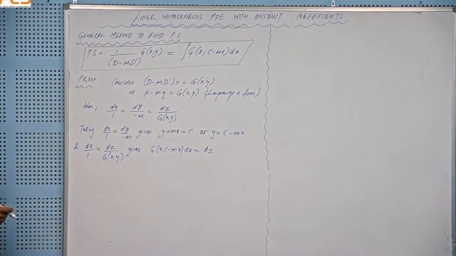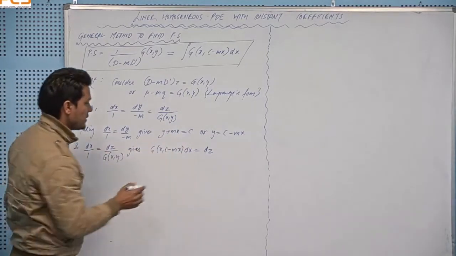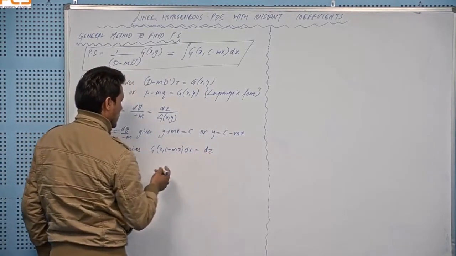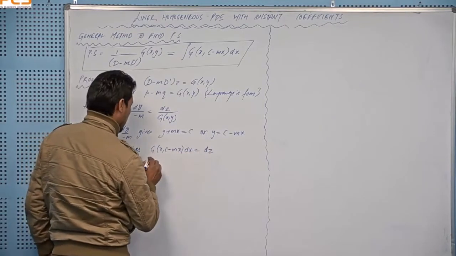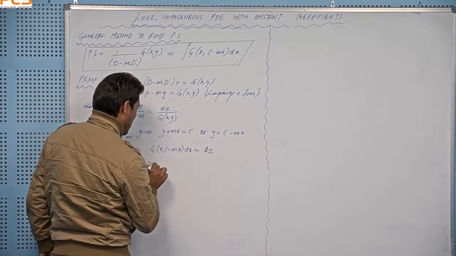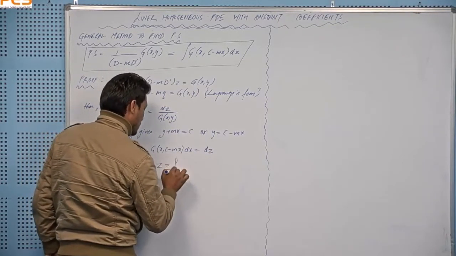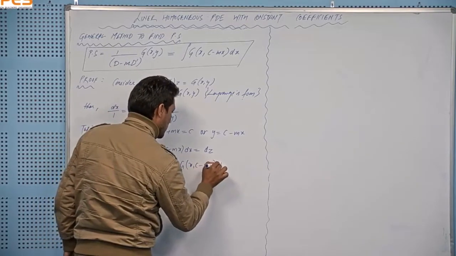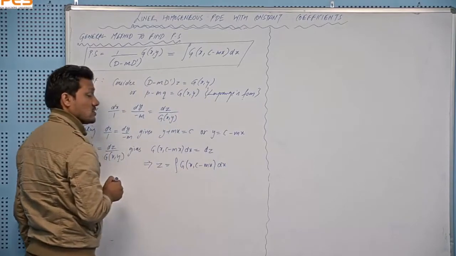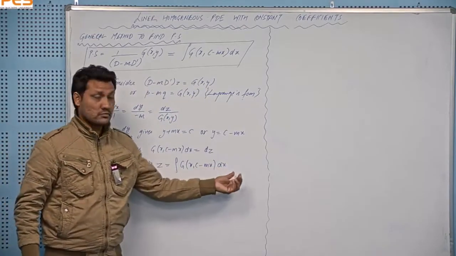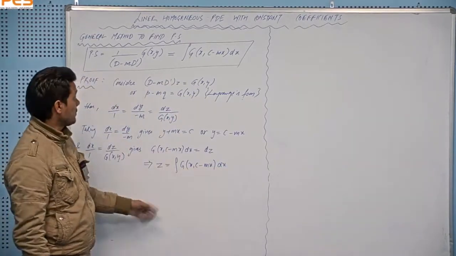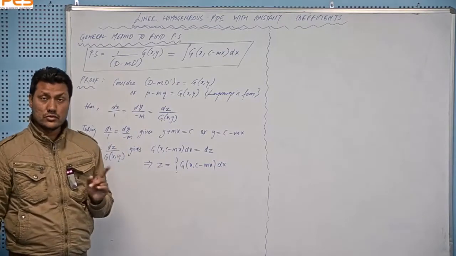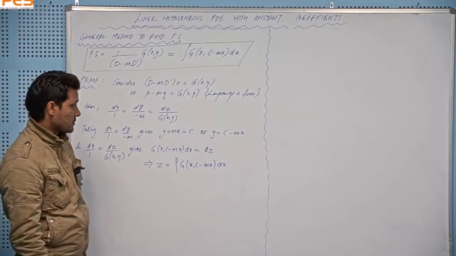This will be obtained, and then putting integration on both sides. If I apply integration on both sides, then integration of dz will be z, and integration of this will be g(x, c minus mx) dx, and this will be our z. Please do not write plus c, another constant, because we are focusing on the particular solution. Particular solution does not contain any constant, right?